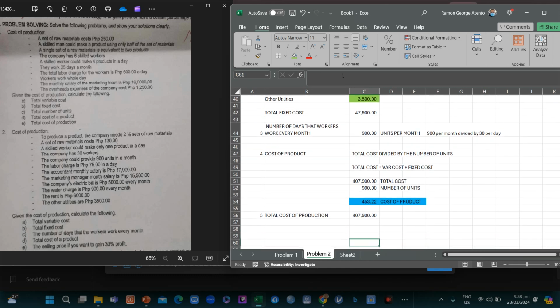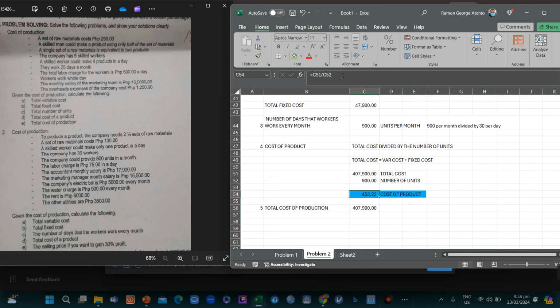And then the selling price, it's not even asked here. So the selling price, number 6, sorry again: the selling price of the product at 30% profit. So how do you do that? Let's change it.